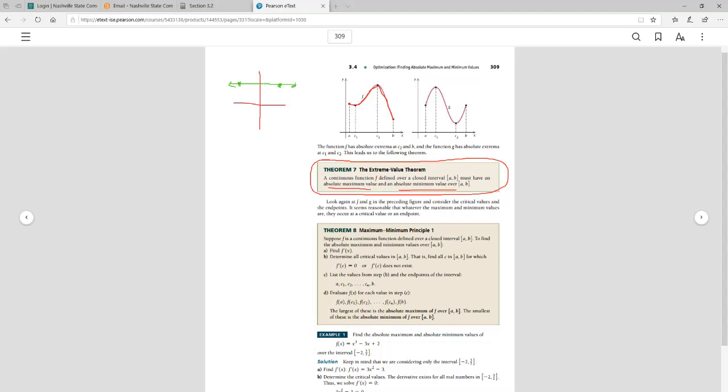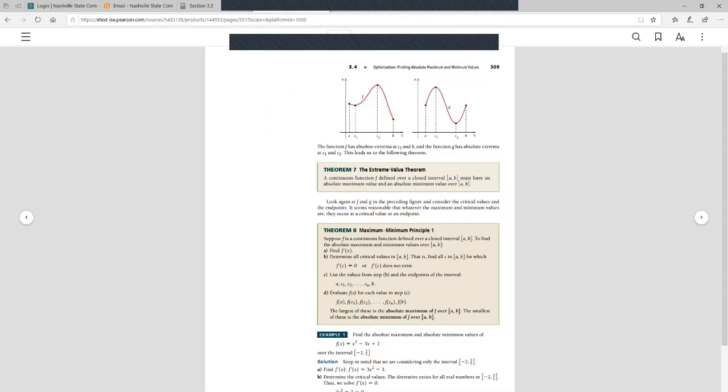Notice that it is not only closed, but it's continuous. According to Theorem 7, it must have an absolute maximum and an absolute minimum value. For a situation like that, every point is the absolute highest and also the absolute lowest. A little tricky there, but we can still use Theorem 7 to discuss extreme values for horizontal lines.